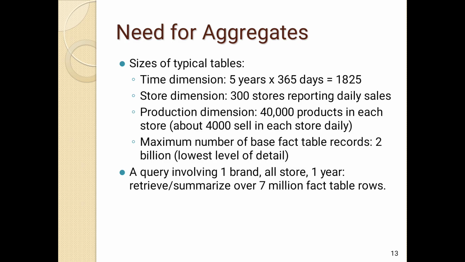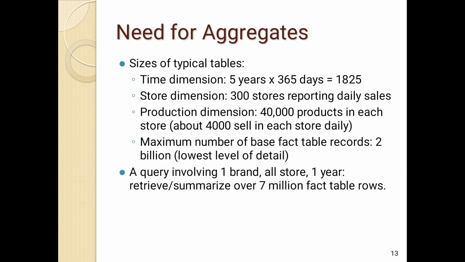The maximum number of base fact table records is 2 billion at the lowest level of detail, for example, time at the day level. So it will extend up to 2 billion records.